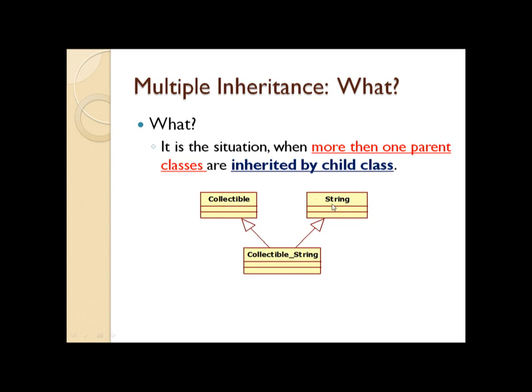One is collectible and another one is string. Both these parent classes are inherited by this class, which is collectible underscore in string. So the meaning of this diagram is this child class can inherit the properties of the collectible class and string class.